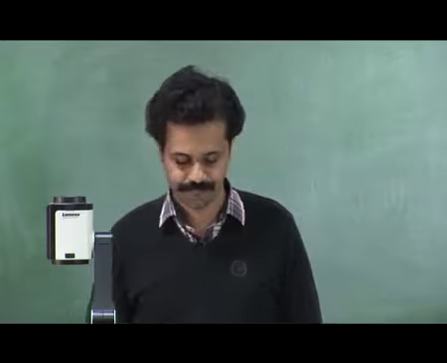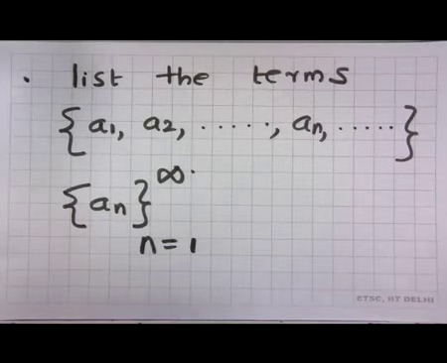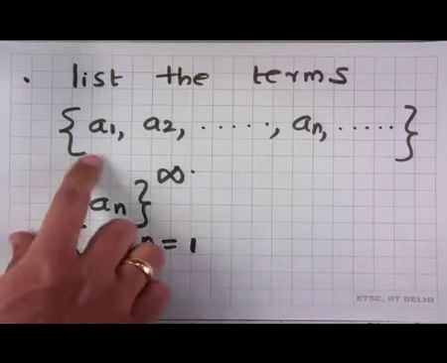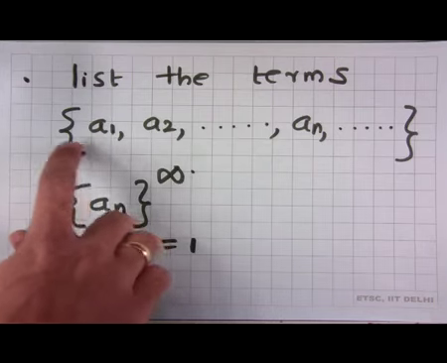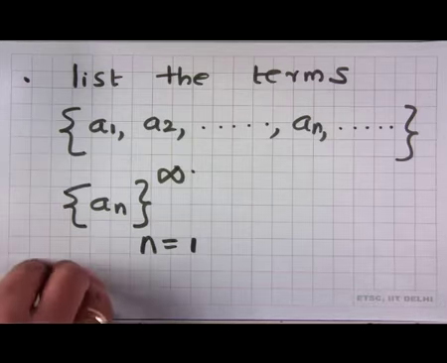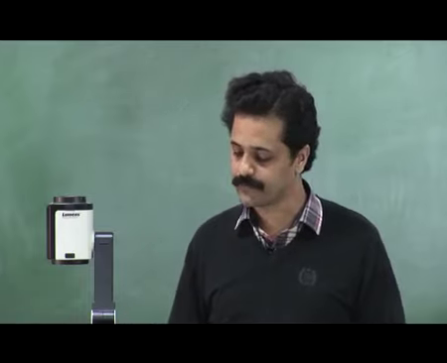At this juncture, I should make a remark concerning the notation of a sequence using a set. As I told previously, a sequence can be described inside a set like {a_1, a_2, a_3, and so on, a_n}. But it should be borne in mind that a sequence is different from a set.